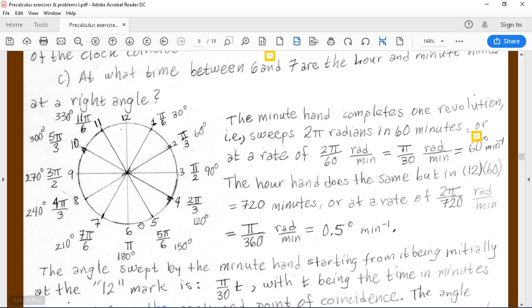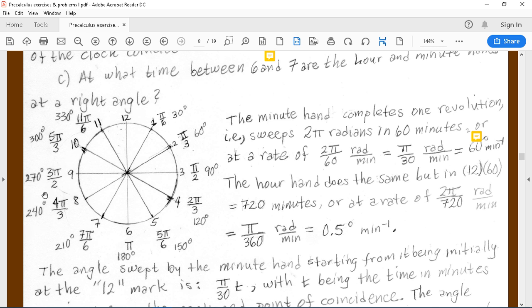The 6 mark is at pi radians, or 180 degrees from the 12 mark. The 7 mark is at 7 pi/6 radians, or 210 degrees from the 12 mark. The 8 mark is at 4 pi/3 radians, or 240 degrees from the 12 mark.